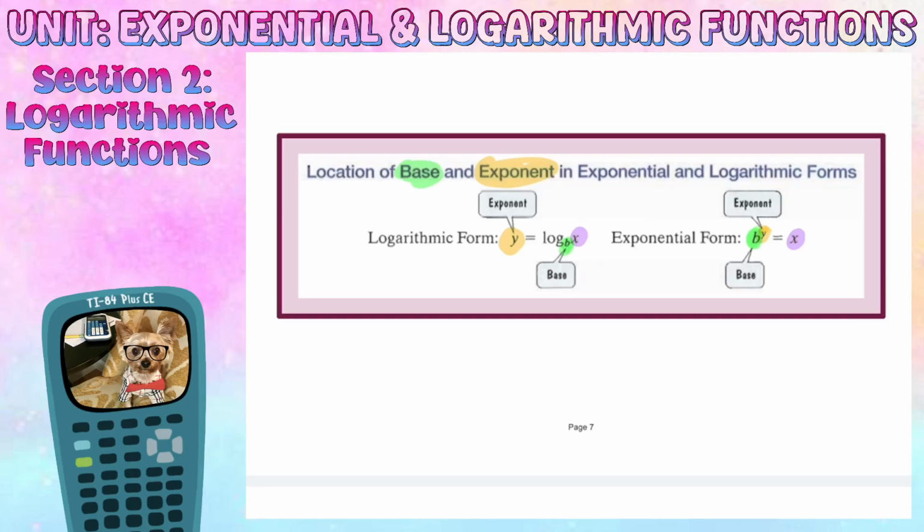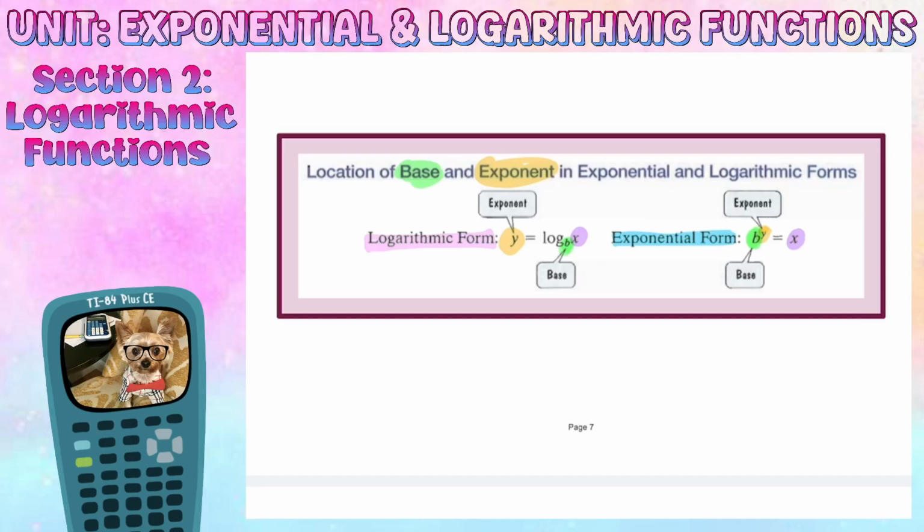So just know where everything goes, right? And know the name of everything. So again, we have logarithmic form of our exponential. And then we also have exponential form. And these are one and the same. Okay, so we have to be very comfortable going back and forth.